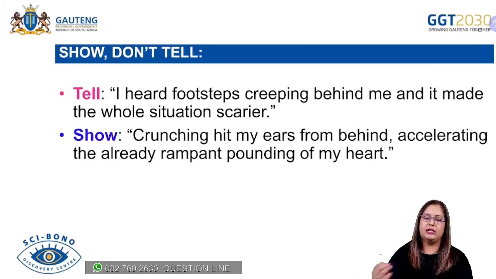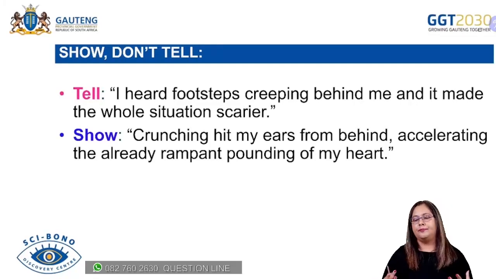I mean, for example, if you talked about footsteps that were creeping behind you, making the situation scarier, how would you show that? For example, like this. Crunching hit my ears from behind, accelerating the already rampant pounding of my heart.